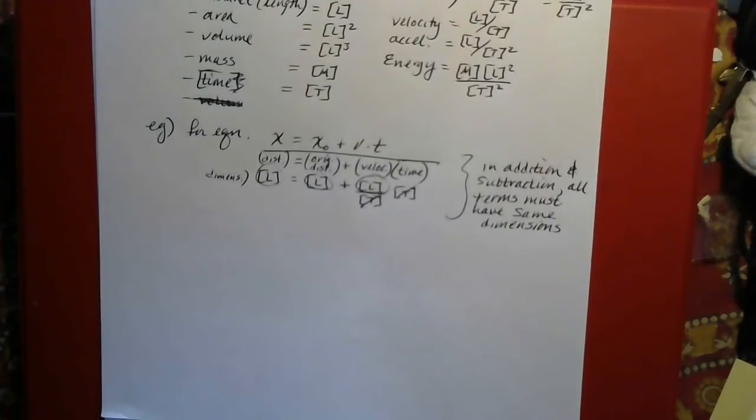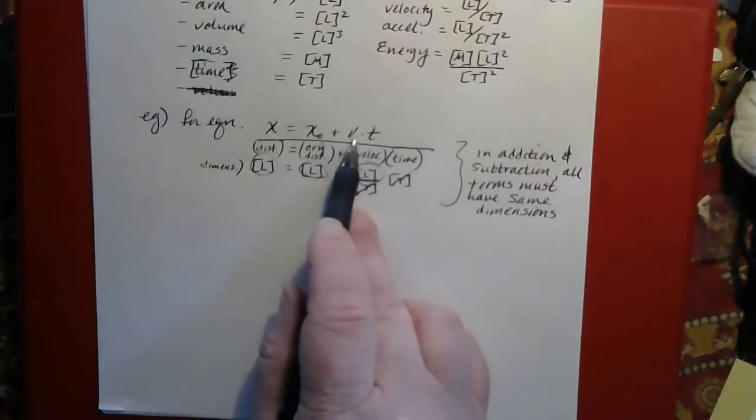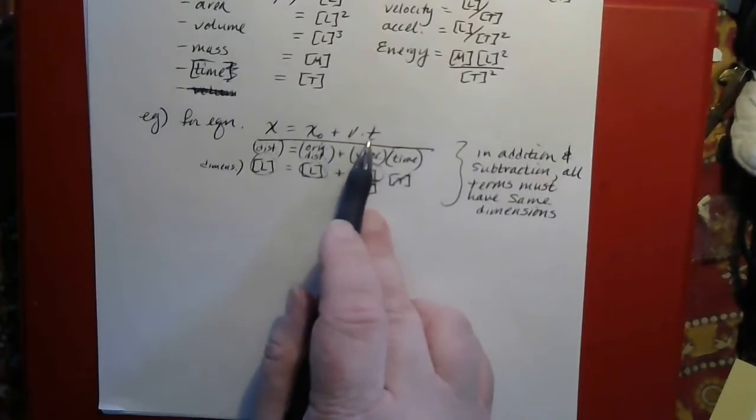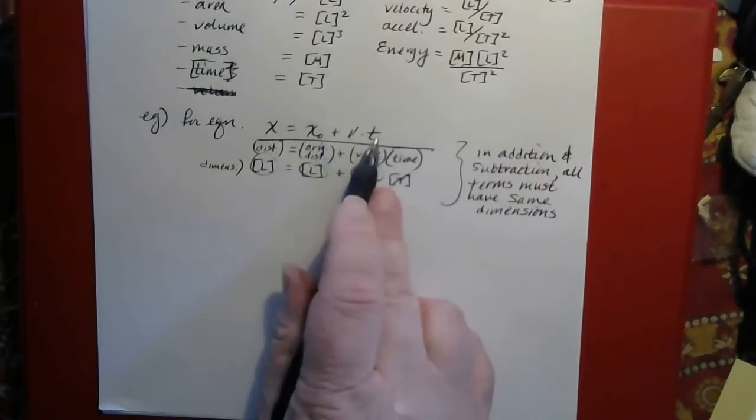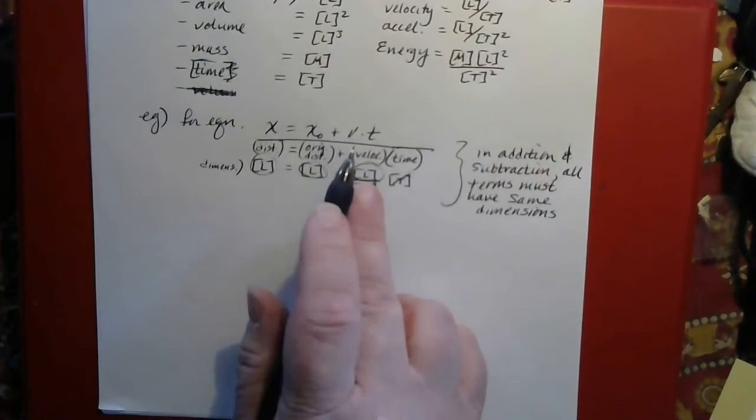So all terms have to have the same dimensions if you're adding or subtracting. Notice we multiplied velocity times time here. Those two terms, because they're being multiplied, don't have to have the same dimensions.